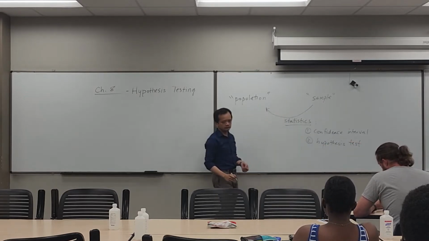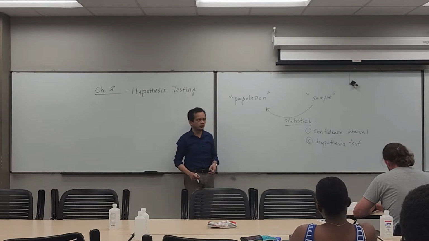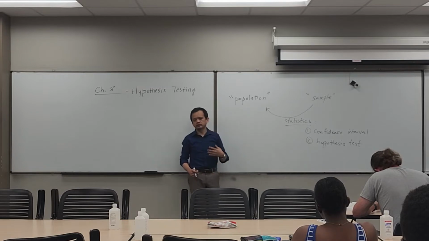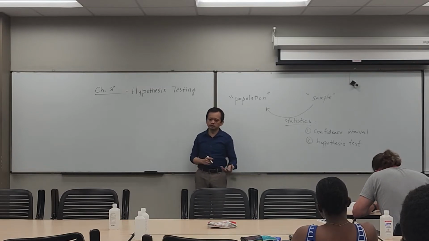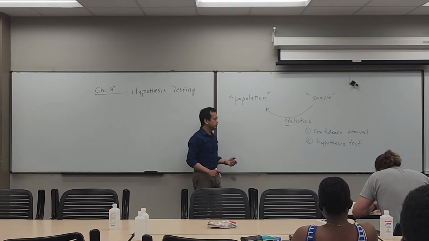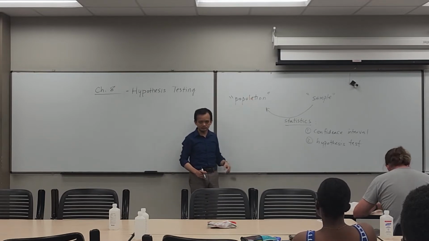So put into context, we're able to answer much more broad questions. For example, instead of just wanting to know a number about the population, let's say you wanted to know whether a drug was effective at doing what it claims, like lowering cholesterol. If you didn't have statistics, one way you could do it is give the drug to every single person in the country and see what happens.